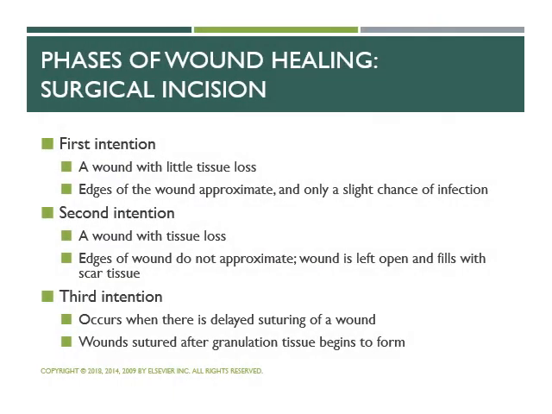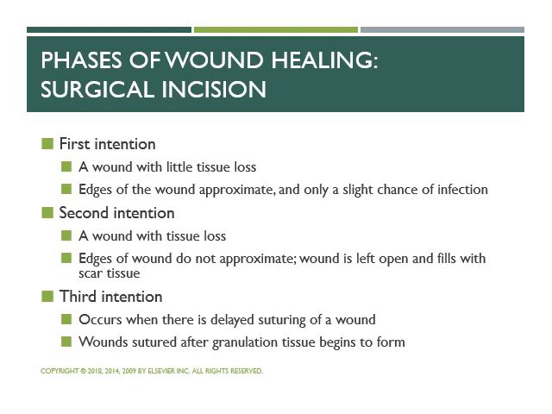Additional phases of wound healing can be referred to as first intention, second intention, or third intention. So let's think about the different types of wounds. Let's consider a surgical incision. A surgical incision is made with a nice surgical instrument, right?